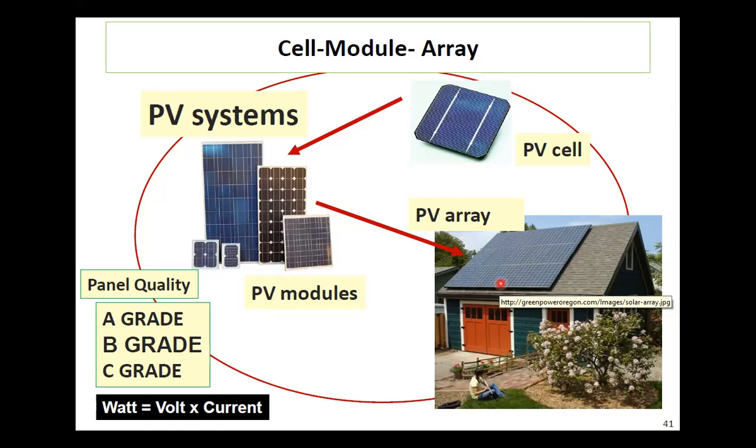This grading is evaluated based on the standard test certificates. Watt is equal to volt multiplied by current. This obviously represents the power of either a cell or an array or a module.